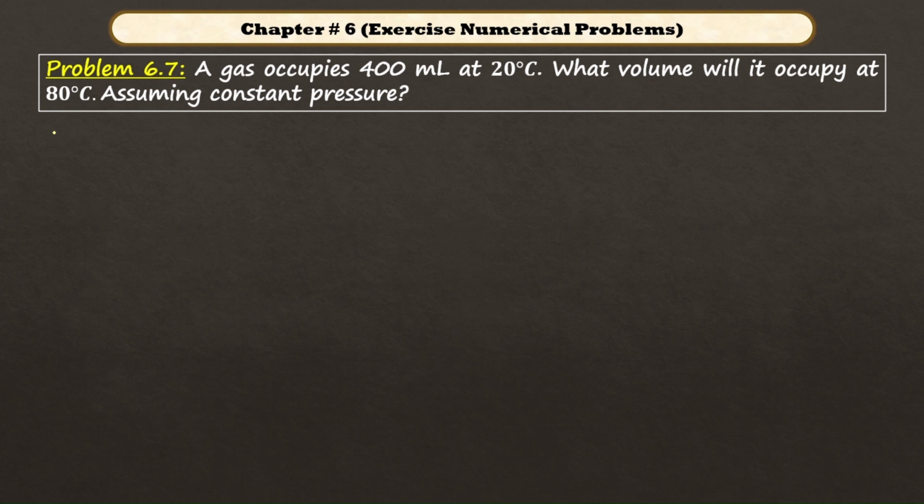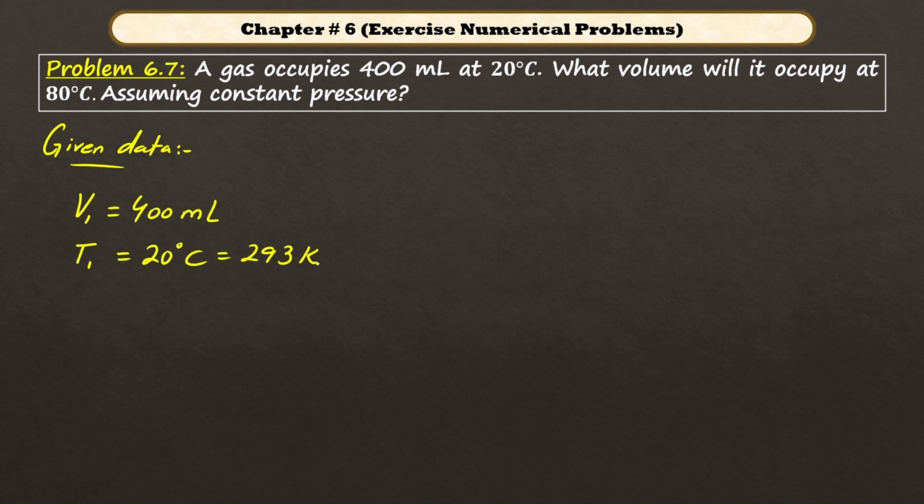So, given data, V1 is equal to 400 milliliter, T1 is equal to 20 degrees Celsius, which is 293 Kelvin, and V2 is equal to question mark, and T2 is equal to 80 degrees Celsius, that is 353 Kelvin.